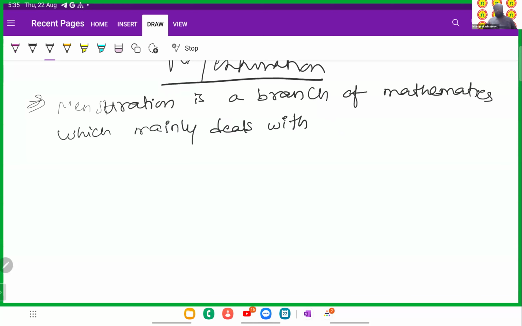Mensuration is a branch of mathematics which mainly deals with different kinds of geometrical shapes.